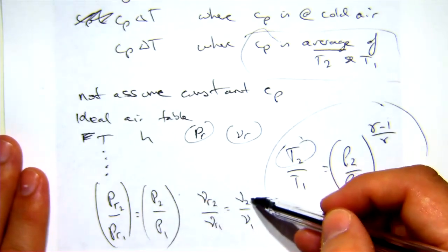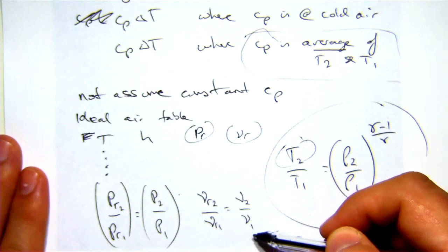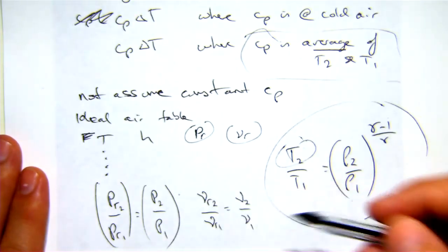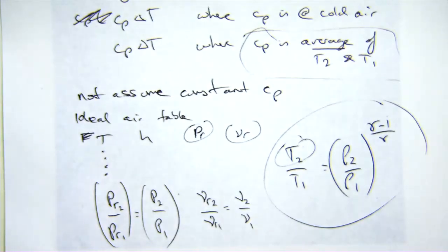The ratio of specific volumes is equal to the ratio of reduced specific volumes. That doesn't look like much of an interesting thing. I'm telling you the equations now because we will use them in the first example.